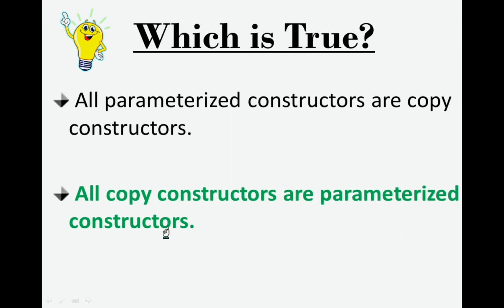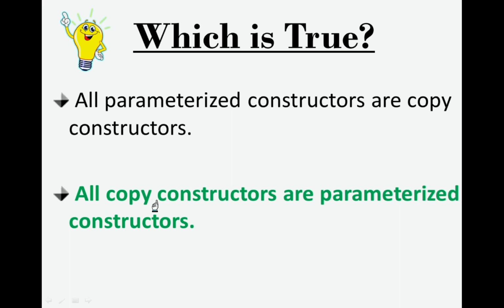What is the reason? In case of parameterized constructor, we can pass any argument; it need not be an object. Whenever we pass an argument of object type, that parameterized constructor becomes a copy constructor.